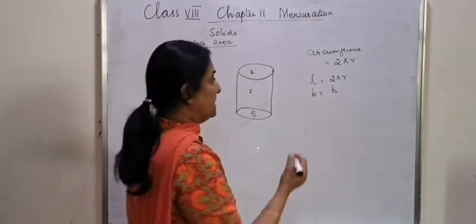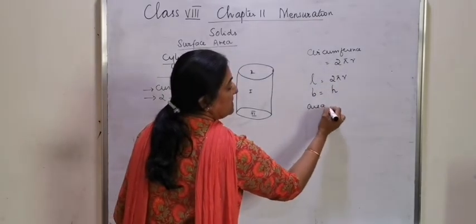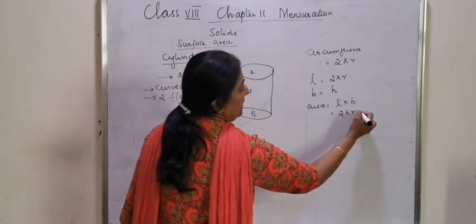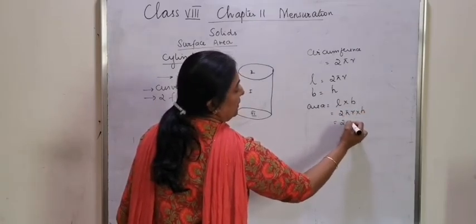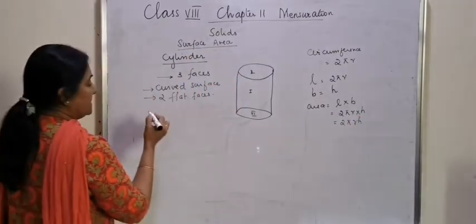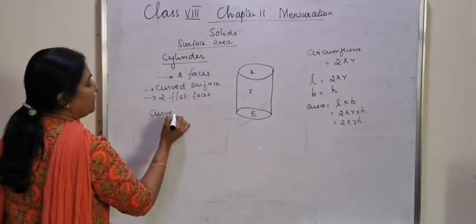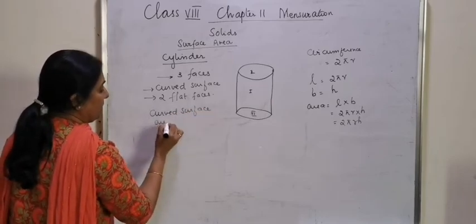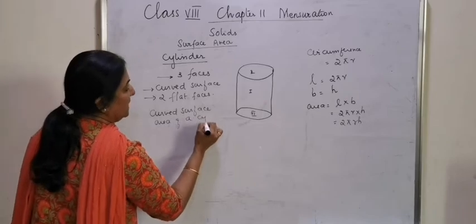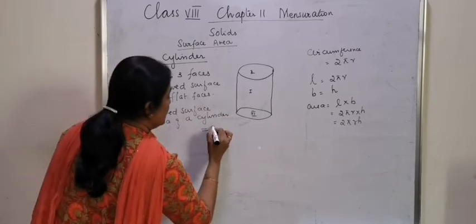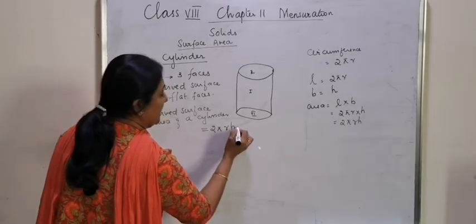Since it is a rectangle, area is length into breadth, or 2 pi r into h, or 2 pi r h. So the curved surface area of a cylinder is 2 pi r h.